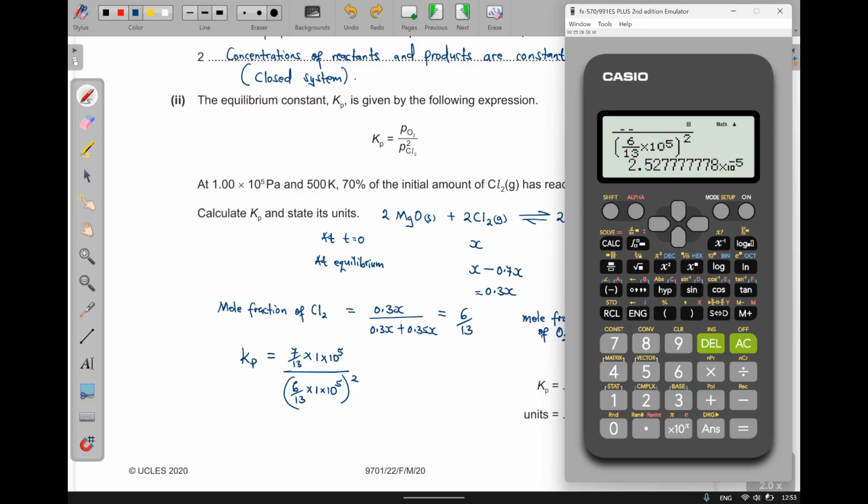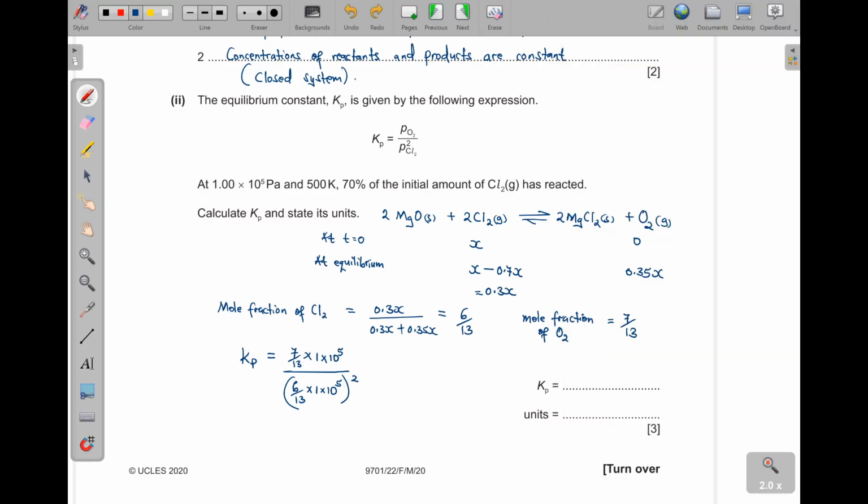Like that, when I come back here and put a square, we shall get 2.53 to 3 significant figures times 10 to power negative 5. And then the units. Up here we have the partial pressure, and since this one is in pascals, it is in pascals.